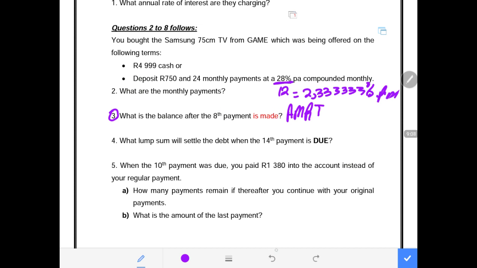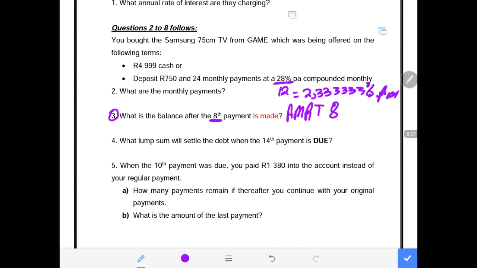So when we are instructed to calculate the balance after the 8th payment is made, we need to use the amount button. Whatever number you enter, you'll get the balance after that payment number has been made. In this case, we say amount 8, which gives the balance after the 8th payment.